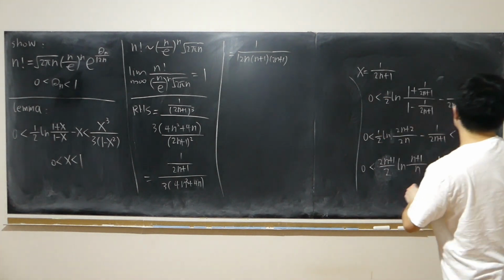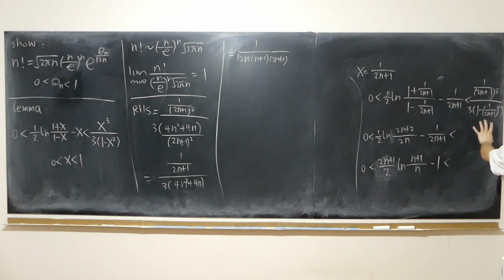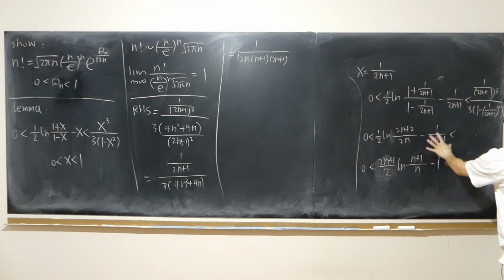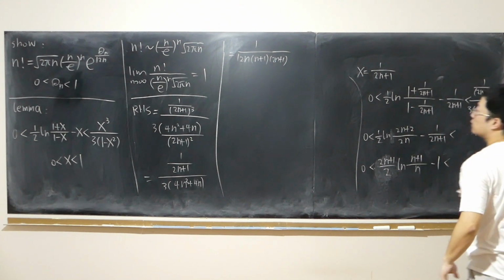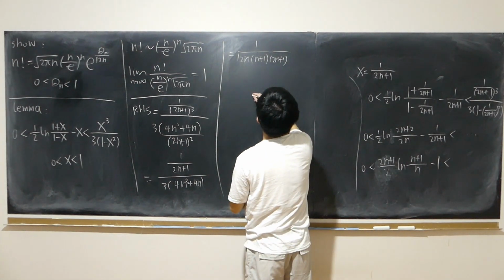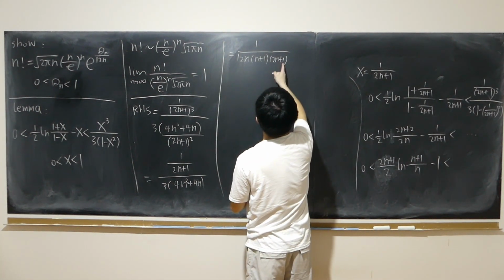Right? That's the right-hand side. But remember, I multiplied everything by 2n plus 1, so I still have to multiply by 2n. So this part will be gone.